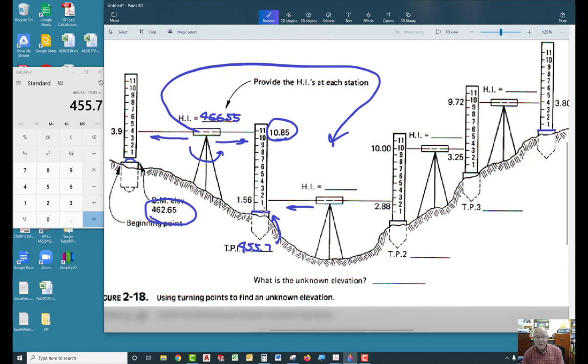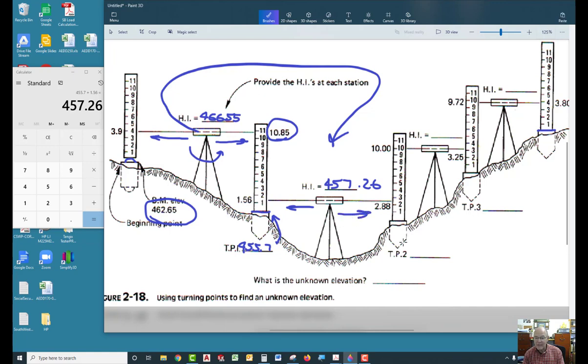At this point it's not a benchmark, it's a turning point. So that turning point is 455.7, so we're going to have to add 1.56 in order to find out the height of that level. The height of the instrument is now 457.26.